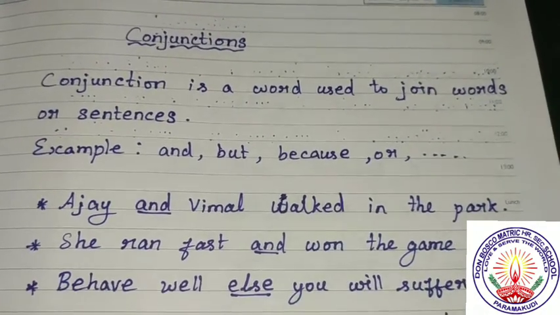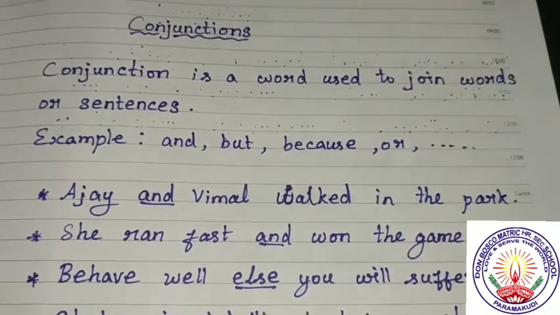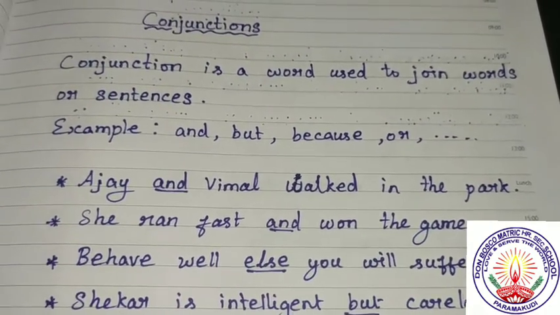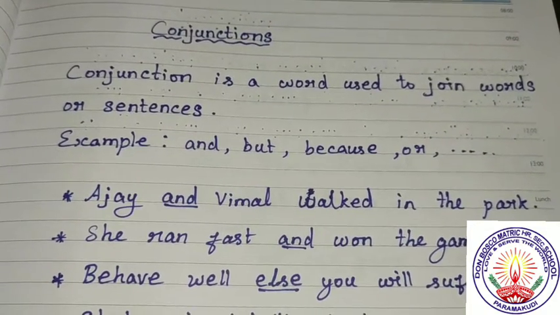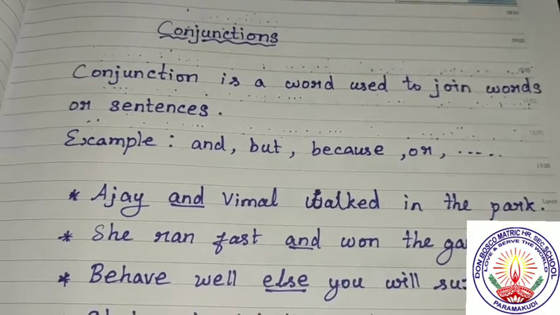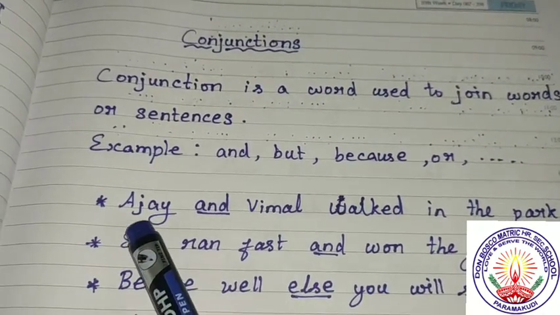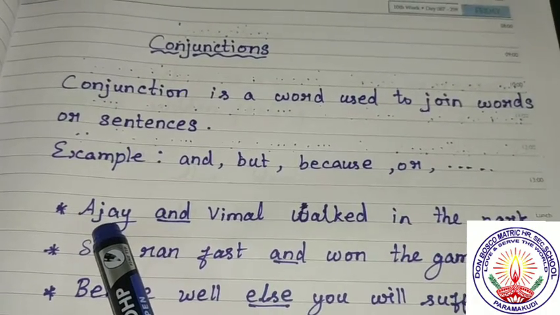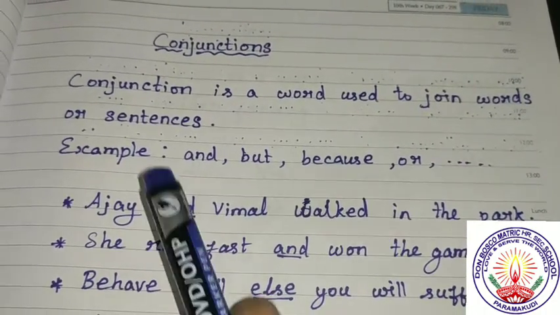First we see the introductions. Ajay and Vimal walked in the park. Here Ajay and Vimal, the two words, are joined by the conjunction and.